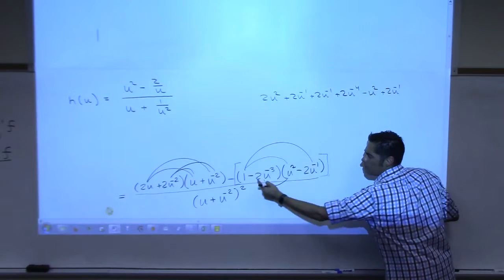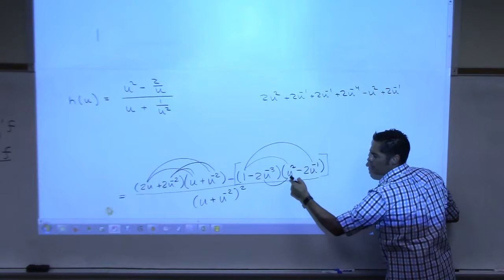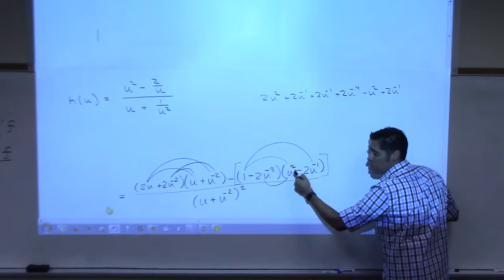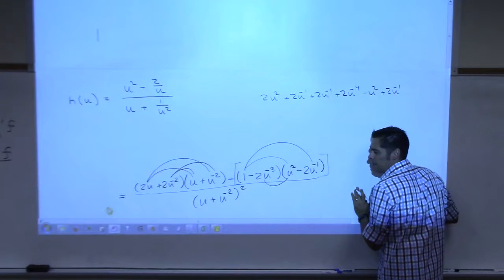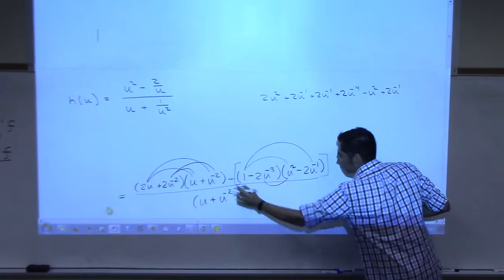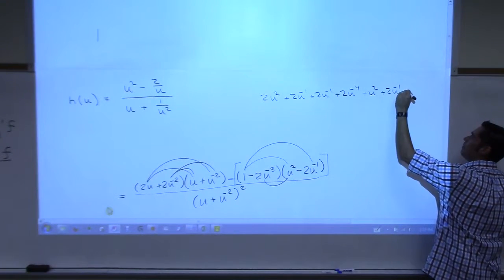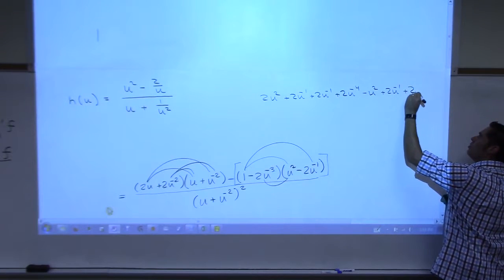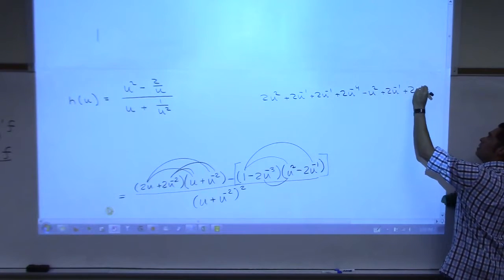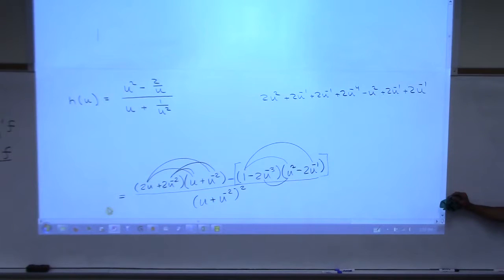Here to here, minus 2u to the negative 3 times u squared. It's going to be minus 2u to the negative 1, but then minus, so what is it? Plus 2u to the negative 1. Am I almost there?